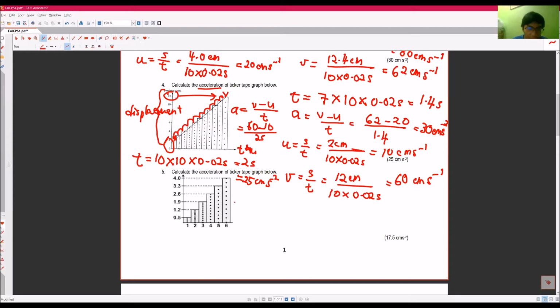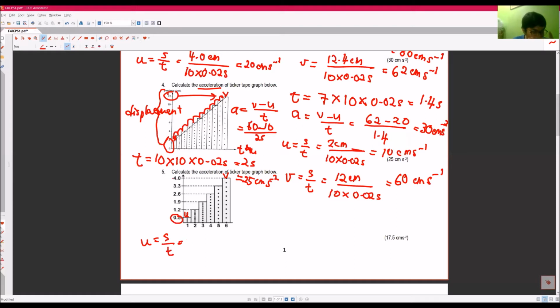Question number 5, calculate the acceleration of the ticker tape graph below. Let's see how many dots this time. 1, 2, 3, 4, 5, 6, 7, 8, 9, 10. Still 10 dots per ticker tape. So this is u and the final one is v. Find u first. s over t, 0.5.